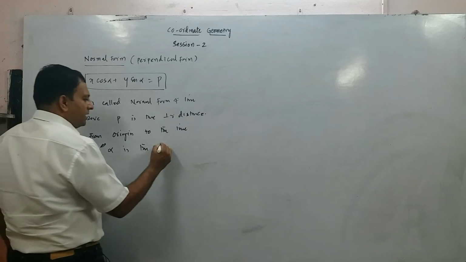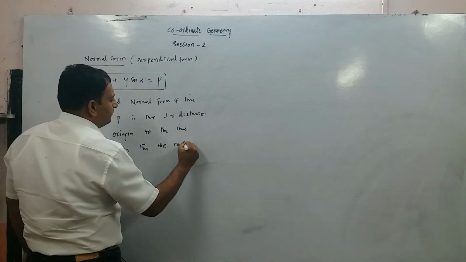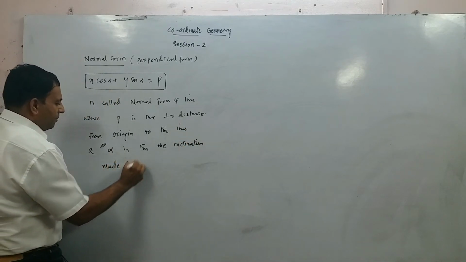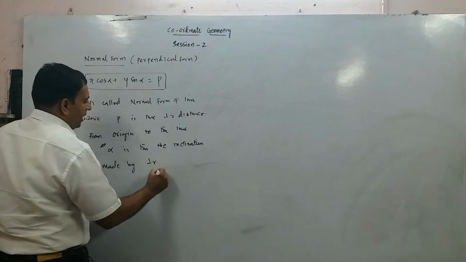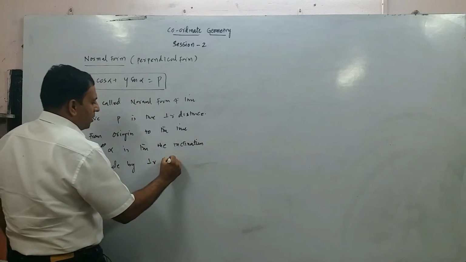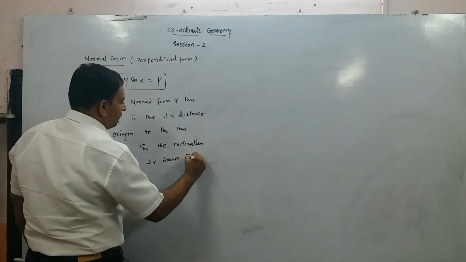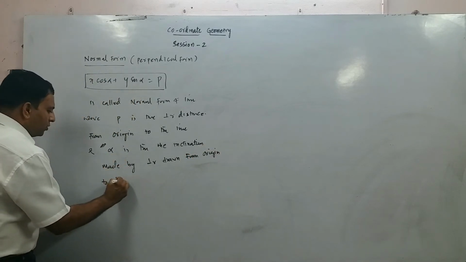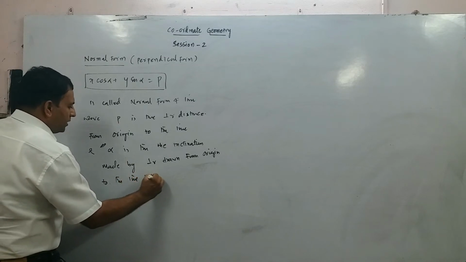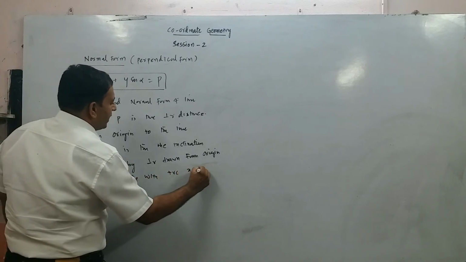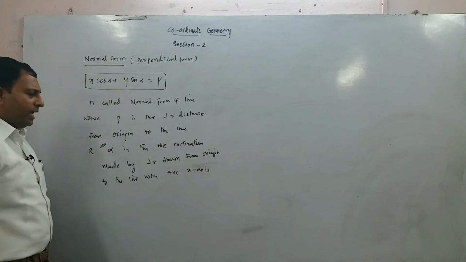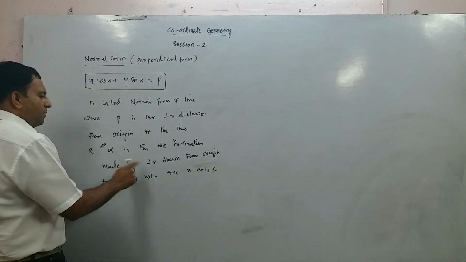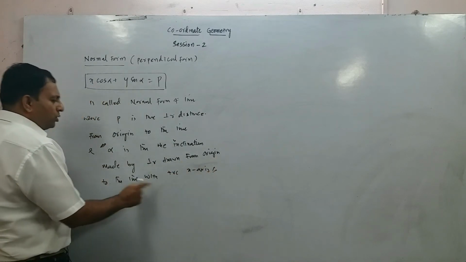Alpha is the inclination made by the perpendicular drawn from origin to the line with positive x-axis. With positive x-axis. I repeat, alpha is the inclination made by the perpendicular drawn from origin to the line with positive x-axis.